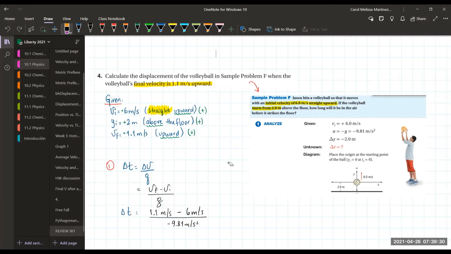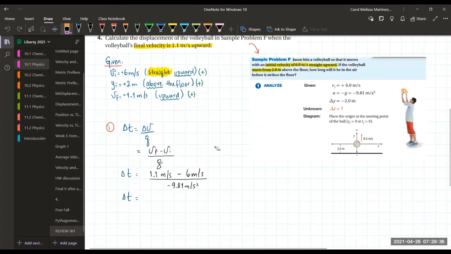Now, take a look, guys, because I noticed that you commit this kind of mistakes. First, we are going to subtract. How much is this? 1.1 minus 6. Negative 4.9 meters over second.